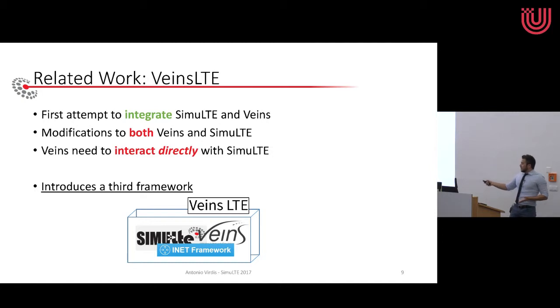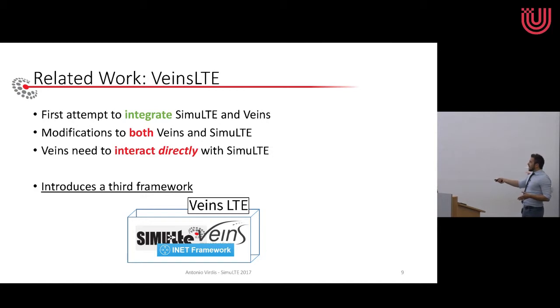The problem with this approach is that they were basically introducing a third framework, which incorporated SimuLTE, Veins, and also elements from the OMNeT framework, which is quite a big problem, because this third package depends on the internal three packages, and none of them can evolve independently.